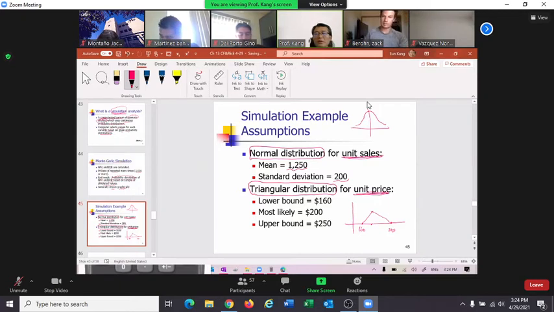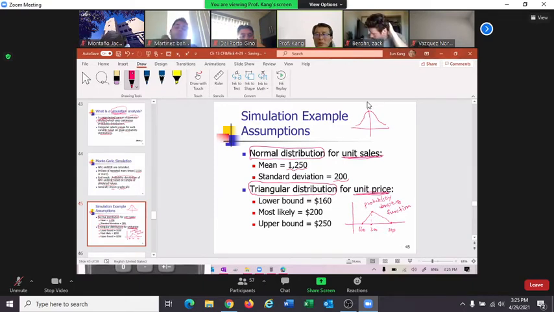So it's like a triangular distribution, okay? So this is the highest, 200. So this is the probability density function, right? Probability density function.